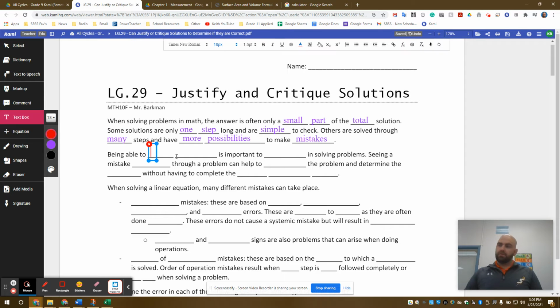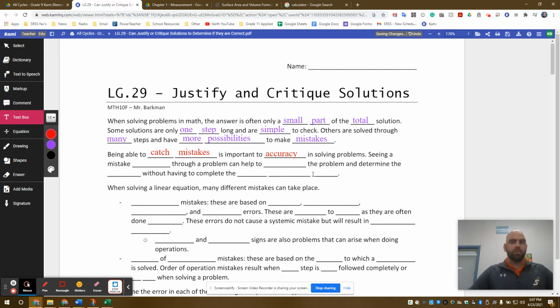Now, being able to catch mistakes is important to accuracy in solving problems. And we want to make sure we are accurate, and we want to make sure that we catch our mistakes.